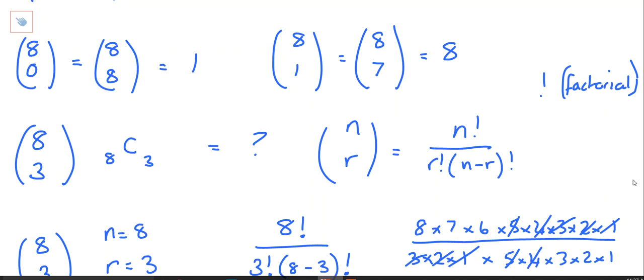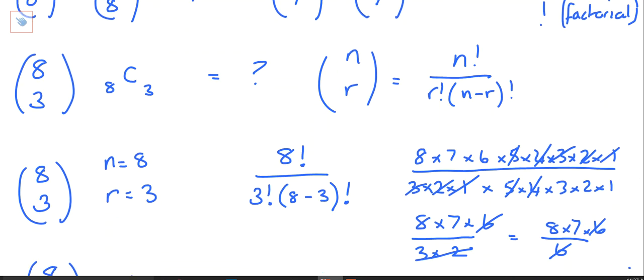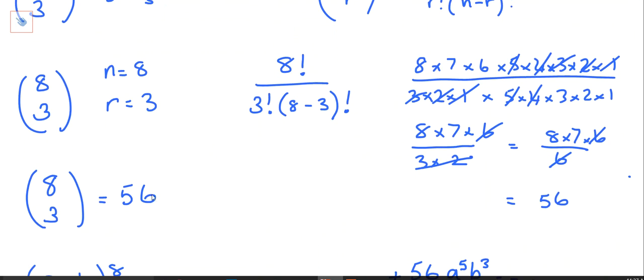How do we find that value? n is 8, r is 3, and we did it all. No calculators needed, and we got the answer 56. So 56 is the coefficient of a certain term in an expansion.